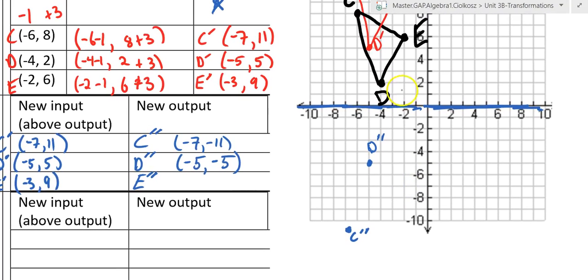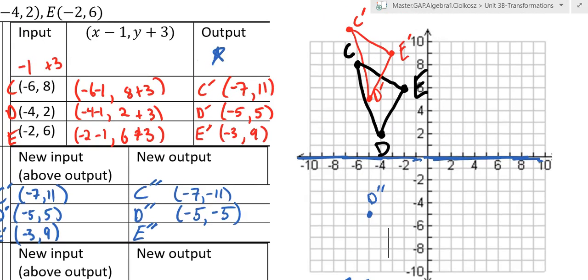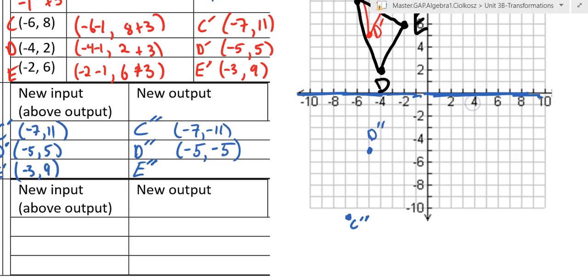Alright, looking at E. We are 1, 2, 3, 4, 5, 6. Quick check. Did I look at the right point? No, I did not. We want that red triangle. So, we're actually 1, 2, 3, 4, 5, 6, 7, 8, 9 from the line.